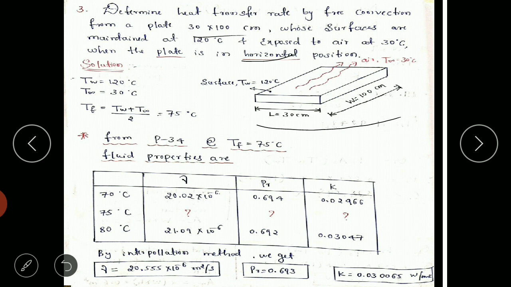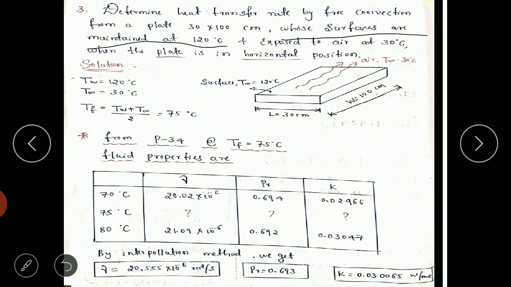Now here we have not discussed one thing in detail, so let me tell you. The surfaces in the problem are maintained at 120 degrees Celsius. This means this is a problem on constant wall temperature. For free convection problems, as far as the syllabus is concerned, all the problems are of constant wall temperature.